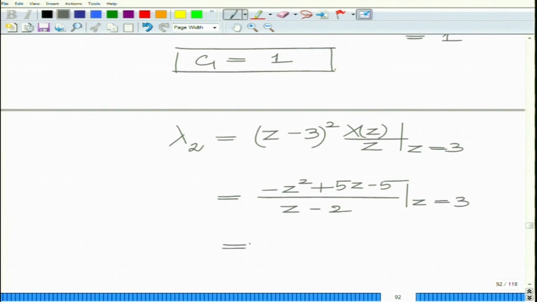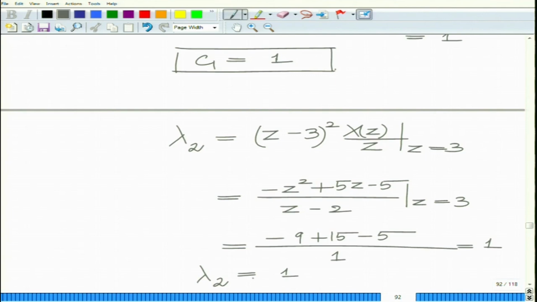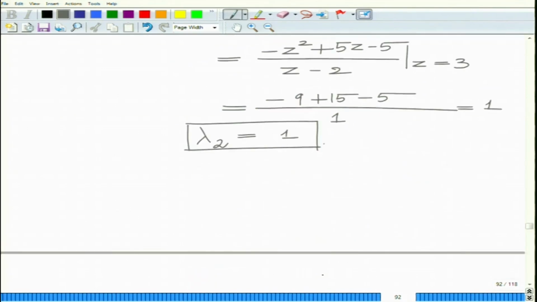So, this will be equal to minus 9 plus 15 minus 5 divided by 1, which is basically 1. So, lambda 2 equals 1.